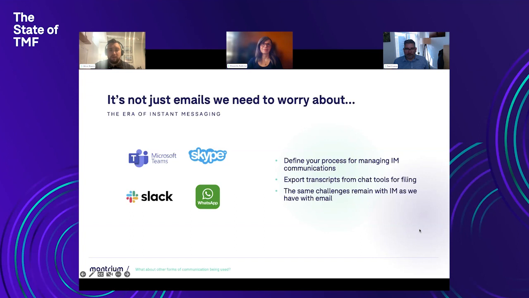When we think about these other types of communications, this poses a different problem, right, Paul? Like this can potentially be even more problematic than emails. Yeah, because how do we extract this information? If there's relevant decisions being made over Teams, for example, how do we extract that information and bring it into the trial master file?